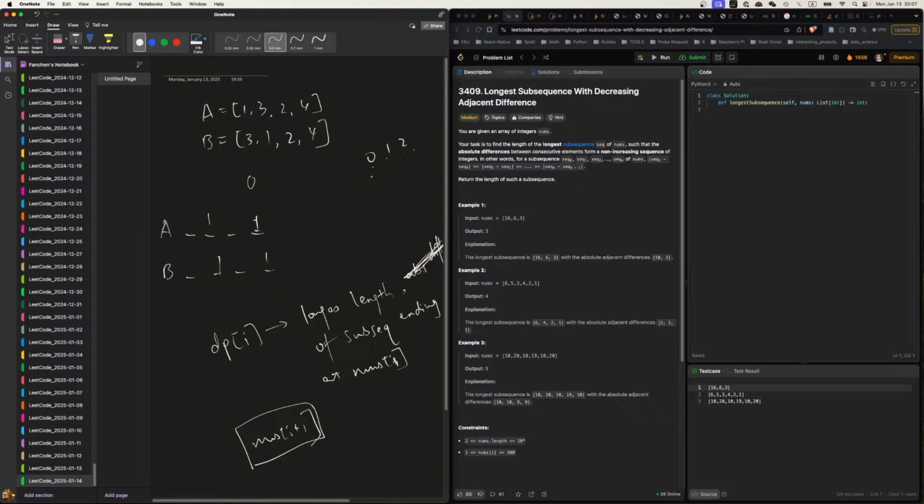So you find the delta, right? So you find nums i plus 1 plus delta in a previous position, and you find nums i plus 1 minus delta if it's possible.